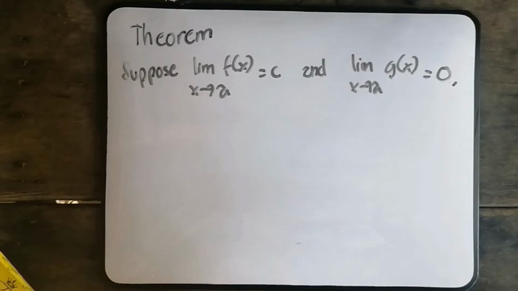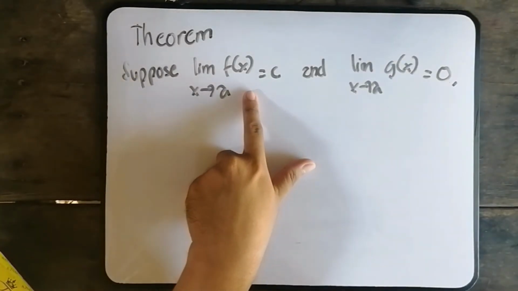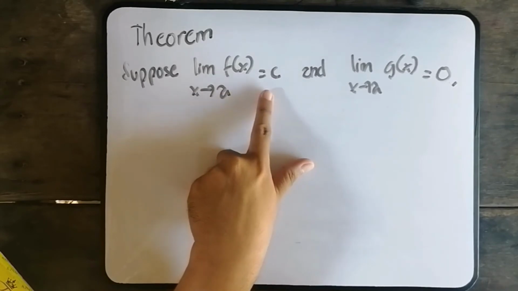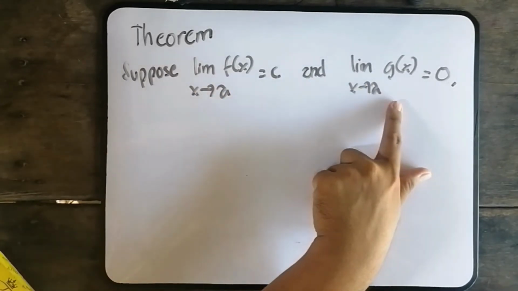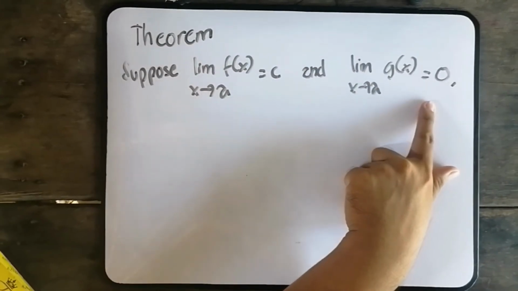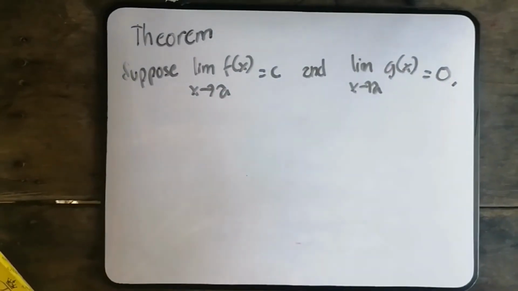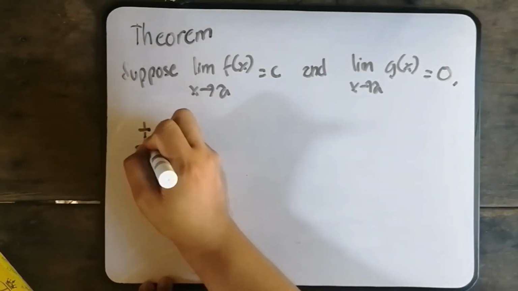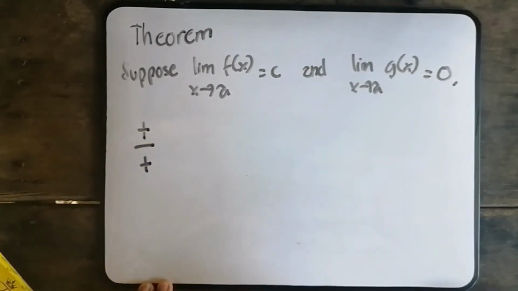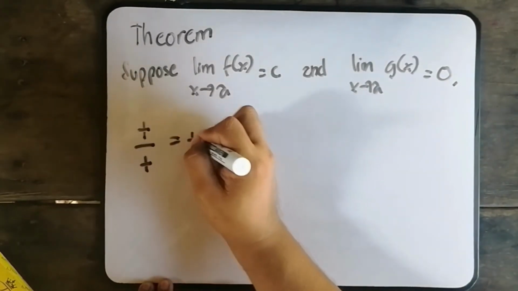So sa madaling salita, parang sinasabi lang niya na kung yung limit natin sa taas, sa numerator natin, ay constant, okay? Tapos, yung limit natin sa baba ay 0, titignan lang natin yung sign. Pag positive ito, tapos positive ito, positive dapat yung infinity. Okay? So, sinasabi niya, positive over positive, positive na infinity. Para lang tayong nagdi-divide. Diba?